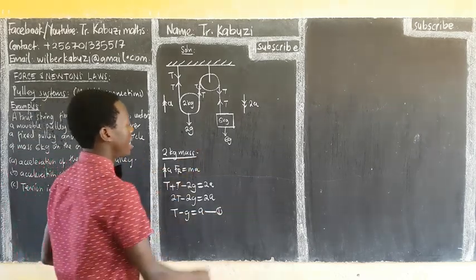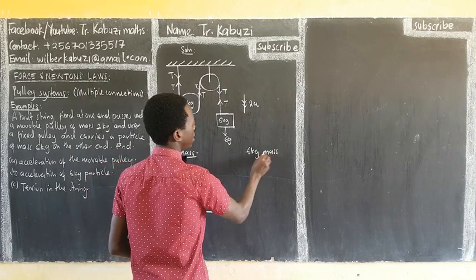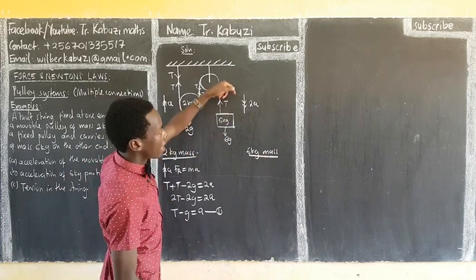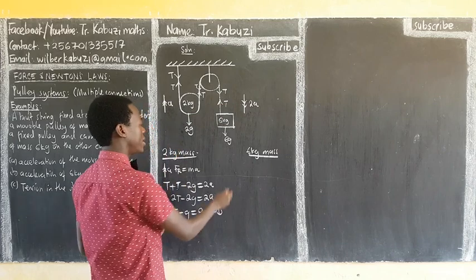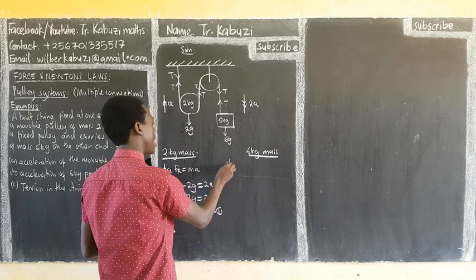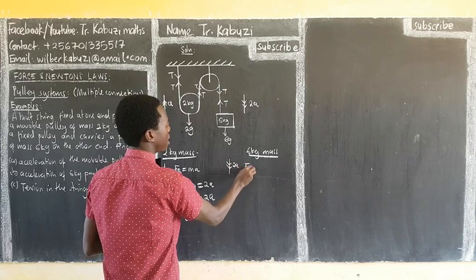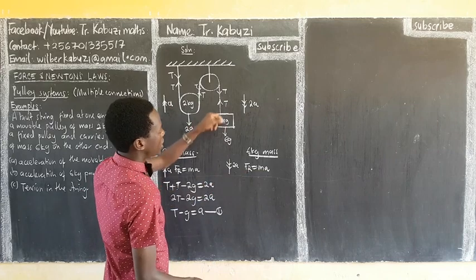Now we come to the 6 kilogram mass. Here you must always be careful with the direction of the acceleration. The acceleration is in that direction, 2a. So our resultant force will be equal to m times a. What's pushing it down?